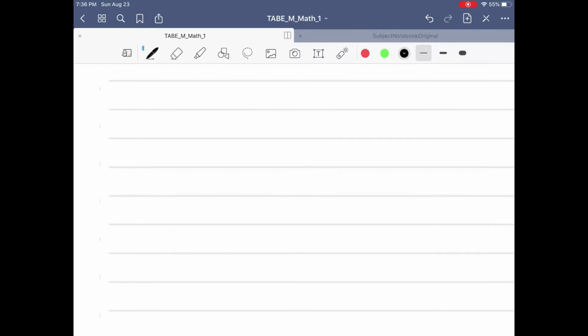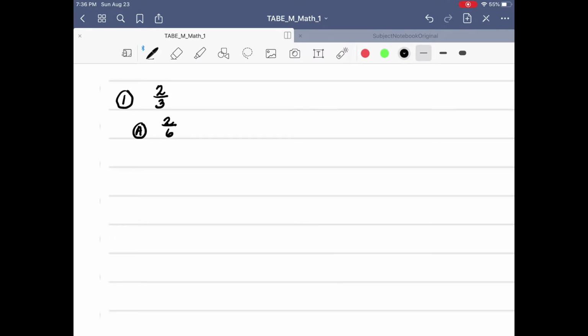To do this problem, I'm going to move over to a sheet of notebook paper. Let me put a number 1. We are comparing to 2/3.